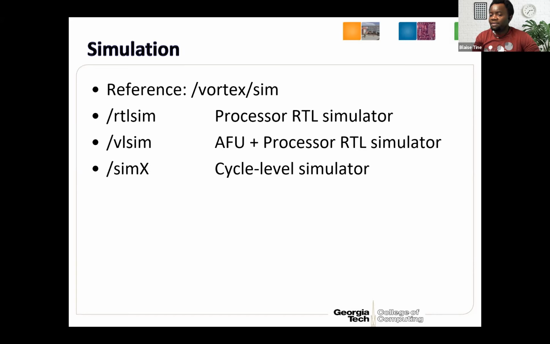Whereas here, VLSIM is the one that actually includes the command processor, so it is more like a simulation where you need to involve the host operation as well, like a PCI-based environment. And SimX is our cycle-approximate simulator.